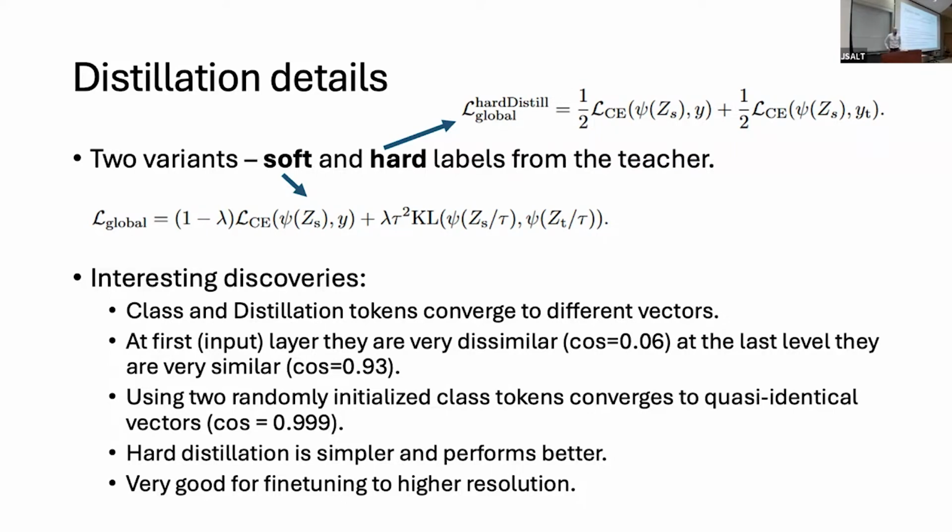And maybe here is why the soft approach loses, because you are also teaching the mistakes to your student. Whereas in the hard one, the KL divergence is just replaced with another cross entropy loss, between the hard decision of the teacher, y_t, which is the argmax of the softmax of the teacher, and the softmax predictions of your student.